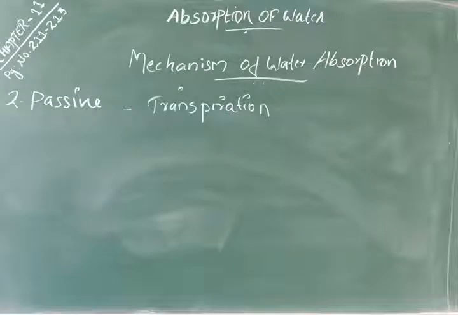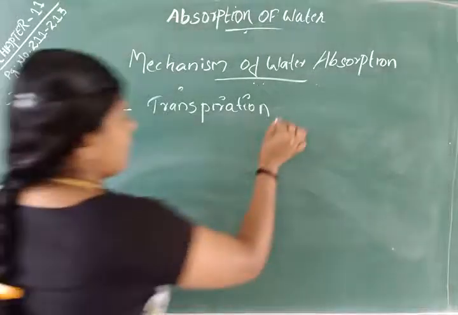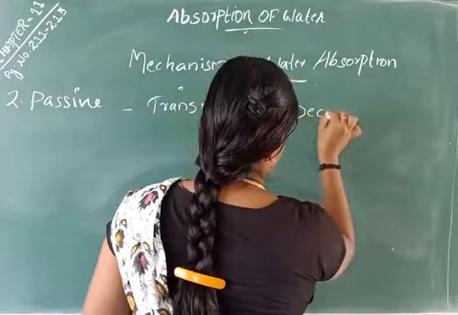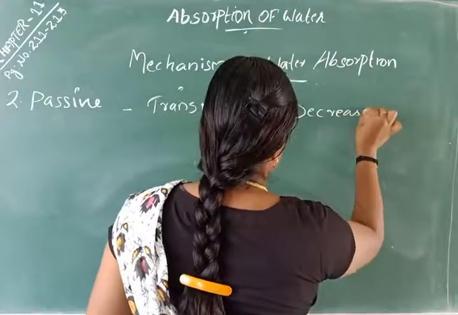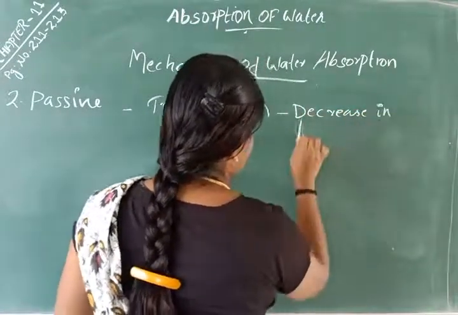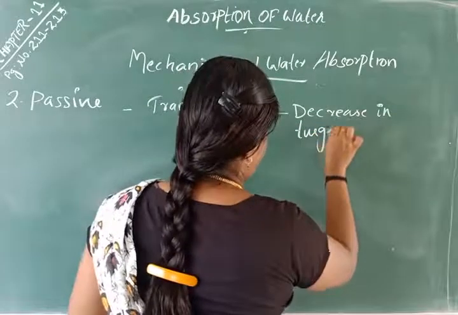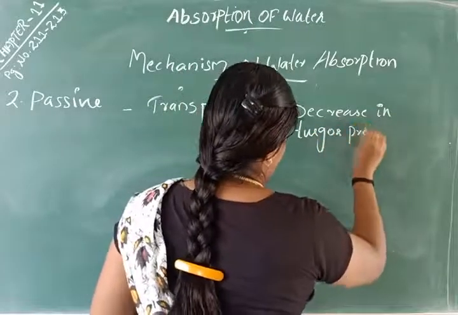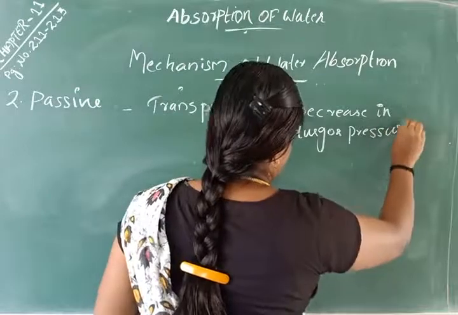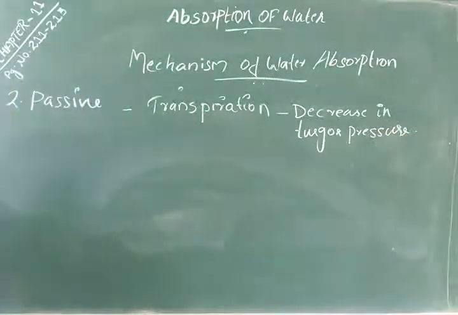Due to transpiration, water loss from the leaf causes a decrease in turgor pressure in the leaf.